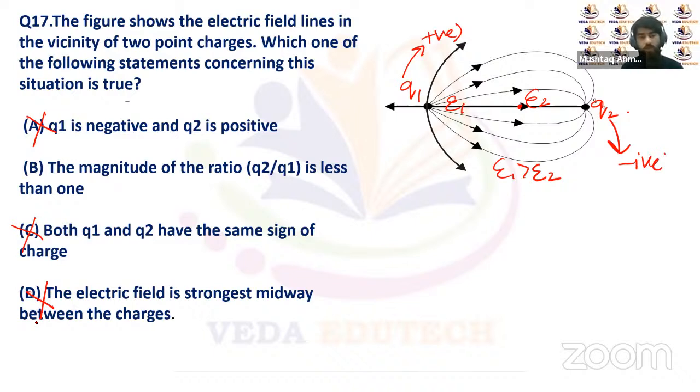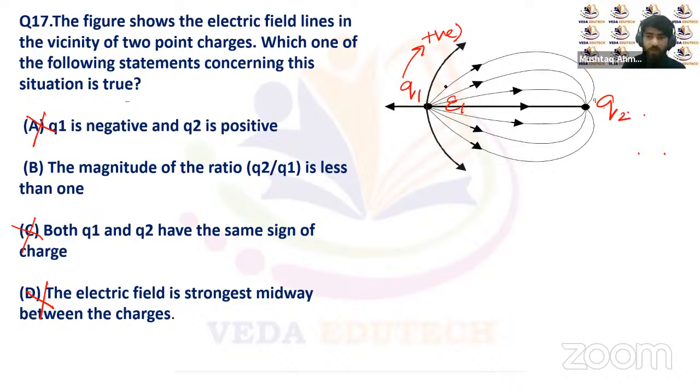Now let's focus on option number B. It says that the magnitude of the ratio Q2 upon Q1 is less than 1. I can see that the number of field lines terminating on a charge depends upon the magnitude of that charge. If the magnitude of the charge is greater, then more field lines will terminate on it.